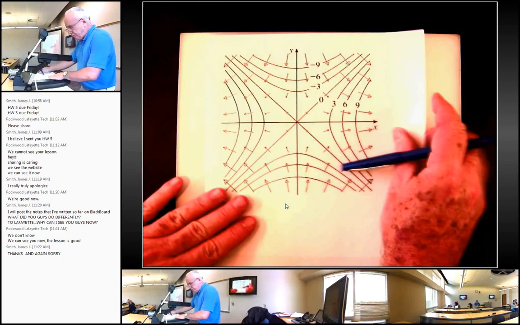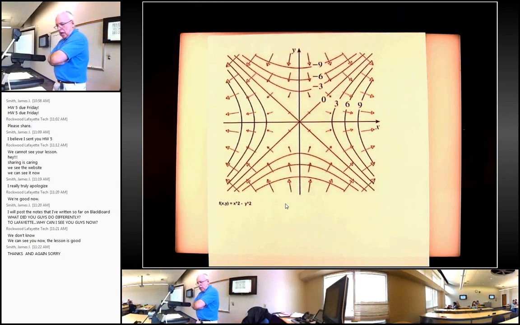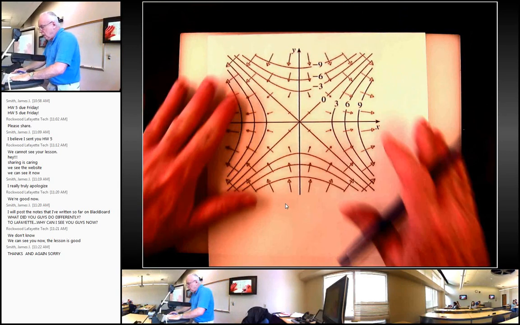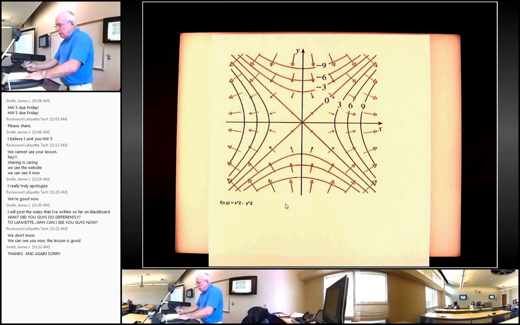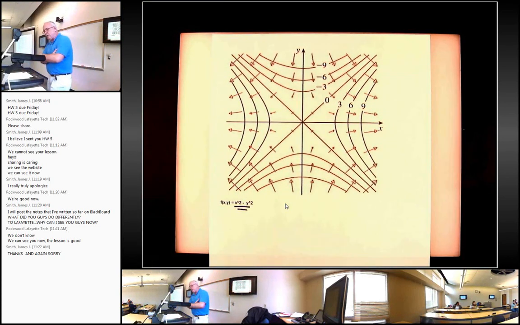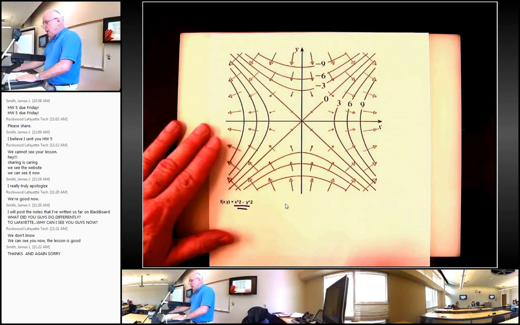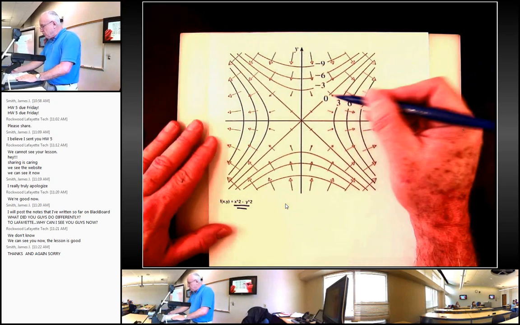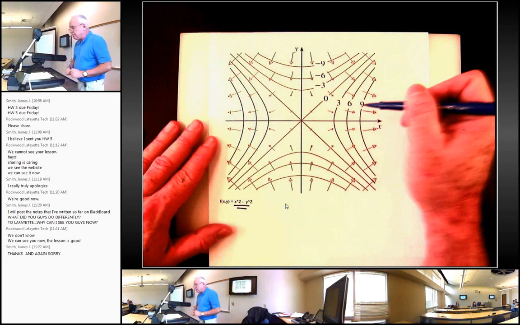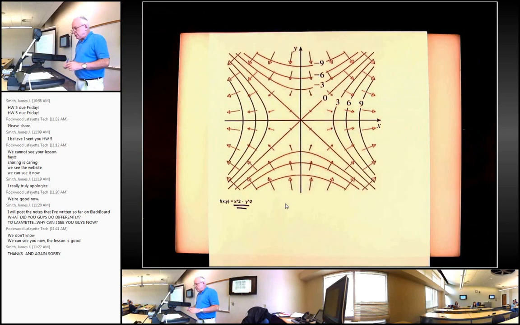But let's just look at these. Here is one diagram where we have the level curves of the function x squared minus y squared. And so all of these are contour curves at different values, 0, 3, 6, 9, all right? These arrows here are the gradients.